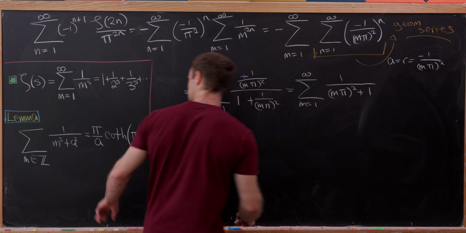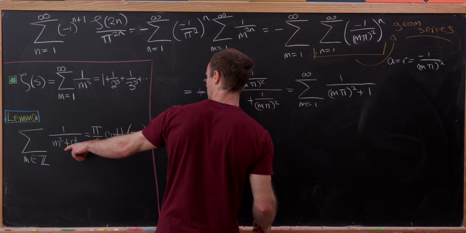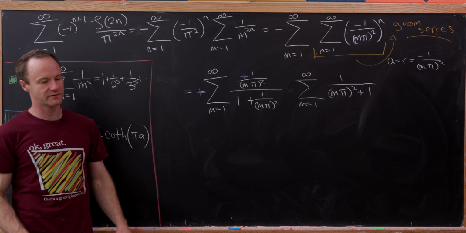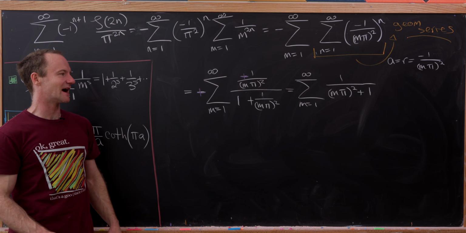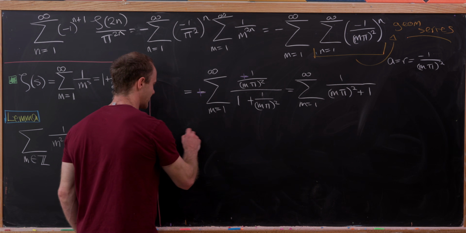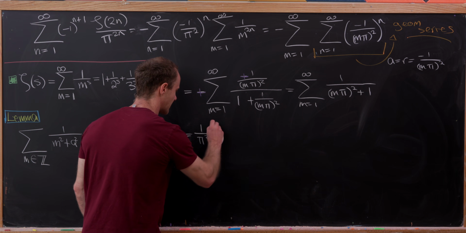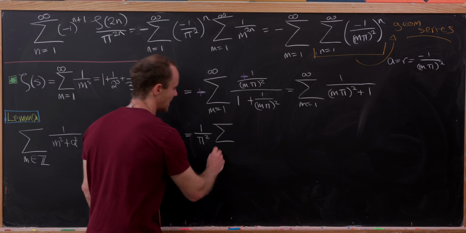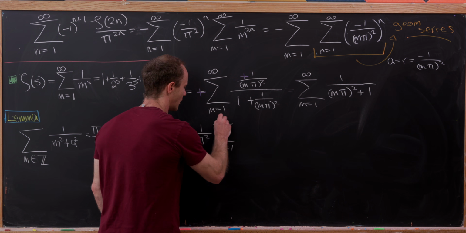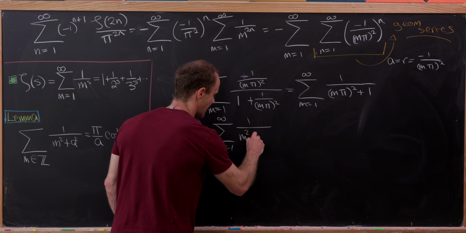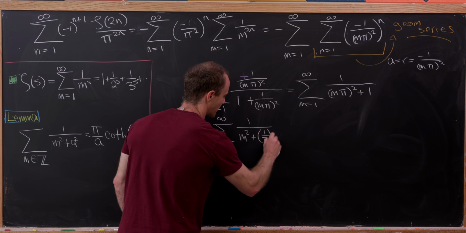But notice that's not exactly the format we need over here. We need this to be m squared plus something. But that's not what we have. But we can get there by dividing a pi squared out of the denominator. So let's do that. So that'll leave us with a 1 over pi squared out in front of everything. And then we'll have the sum as m goes from 1 to infinity of 1 over m squared plus 1 over pi squared.